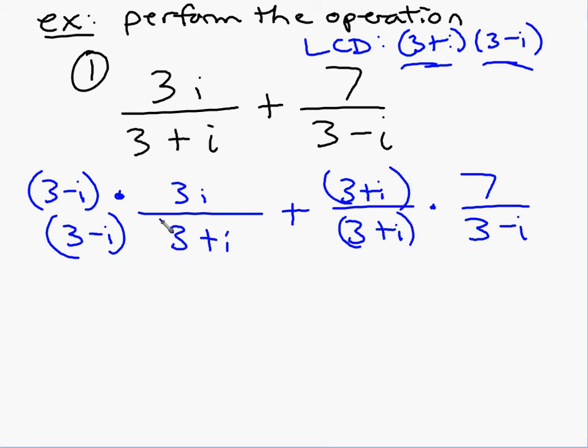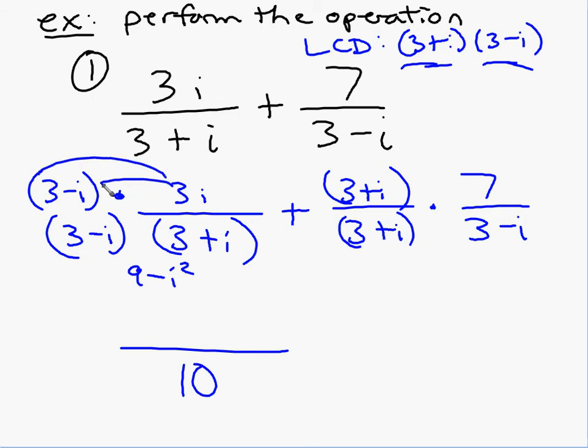Okay. So if you look at this denominator, isn't it convenient that they're conjugates? Right? So the denominator is going to become 9 minus i squared, which is just 10. So my denominator is just 10. And then I need to do distributive property with everything else.